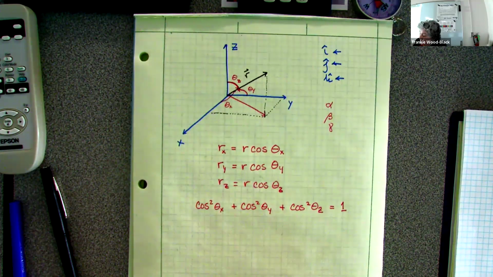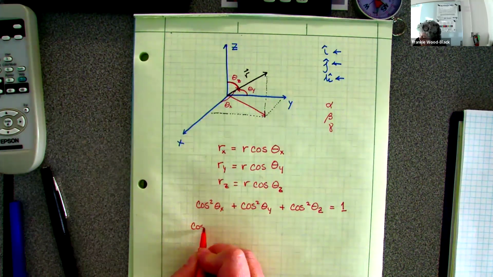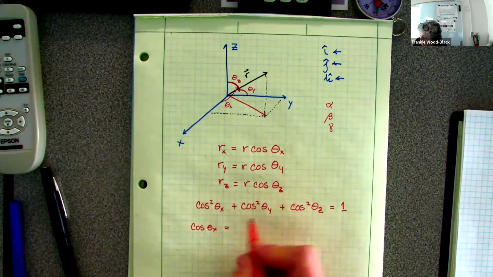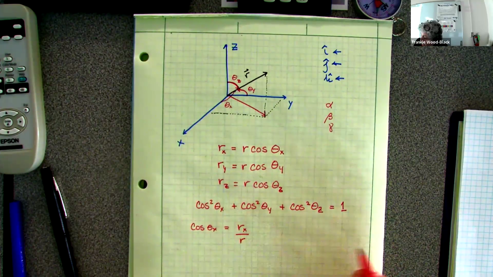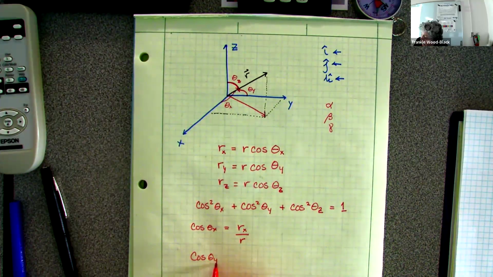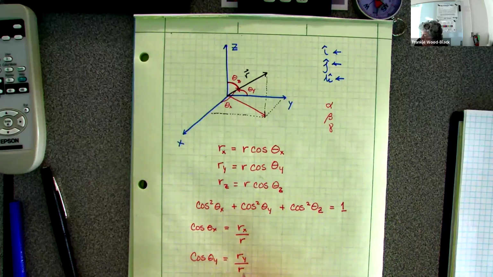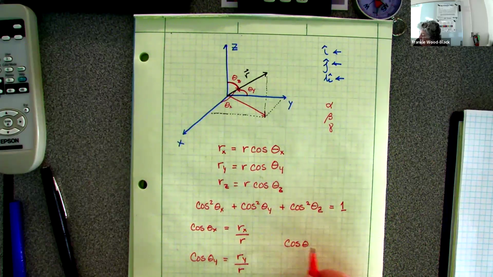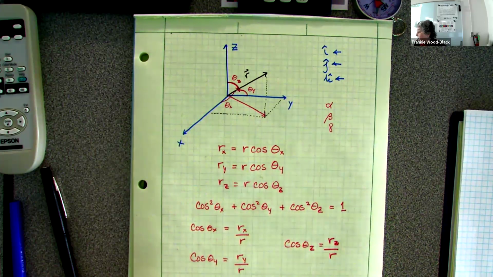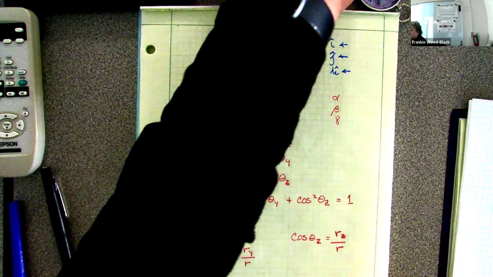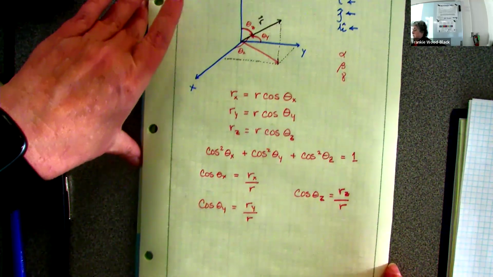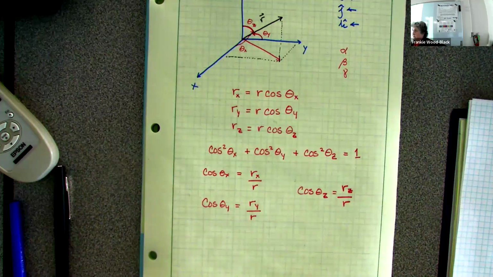But don't forget that cosine of theta X is going to be Rx over R. Cosine of theta Y is going to be Ry over R. And cosine of theta Z is going to be Rz over R. And our book does alpha, beta, and gamma, but you'll see both notations around, and you'll be able to work in those notations because we will be working in 3 dimensions.